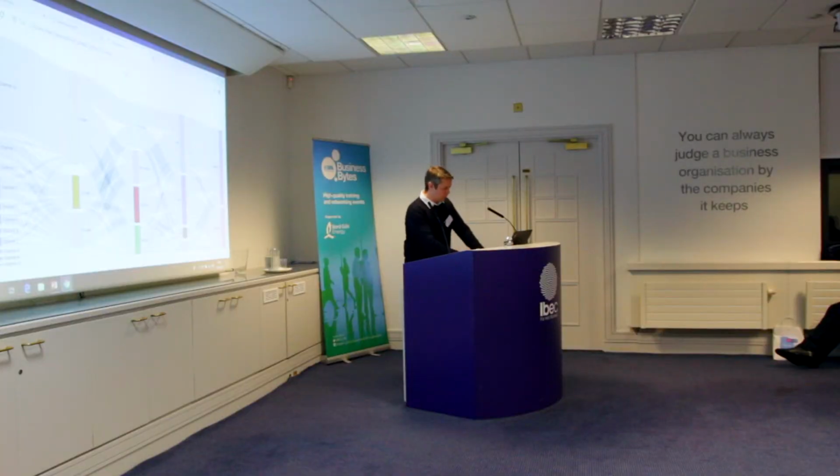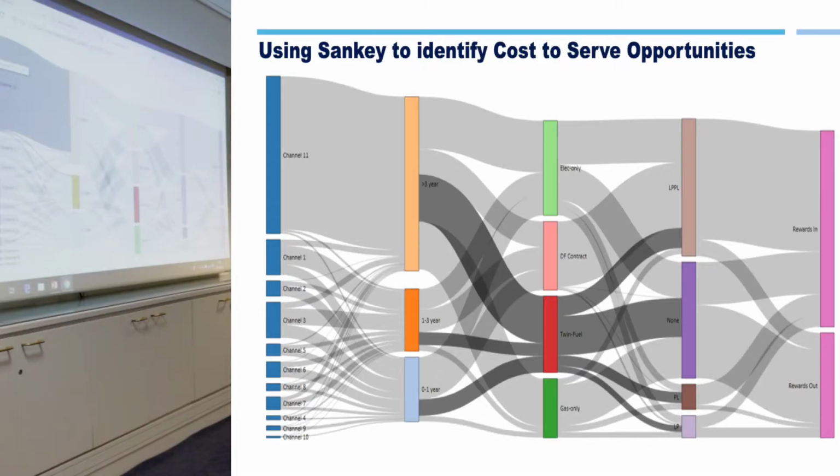So one example of how we've used this report is if we look here at channel 11, we talked to our management team about a strategy to diversify our sales across sales channels, not have all of our eggs in one basket.